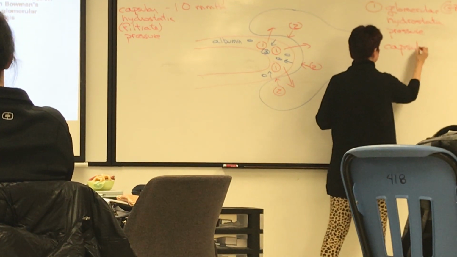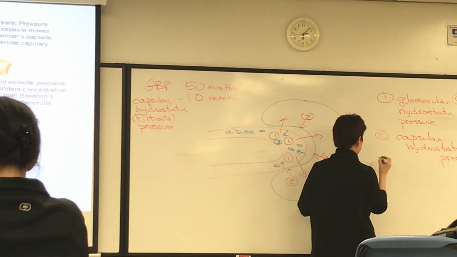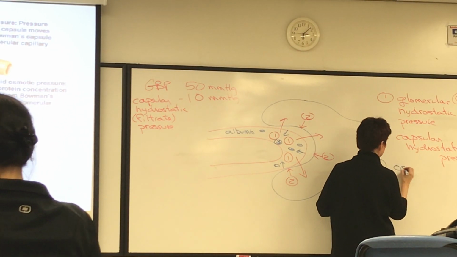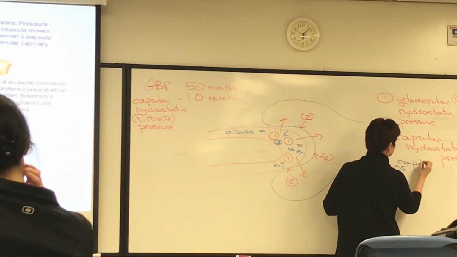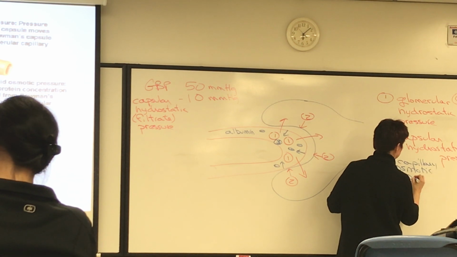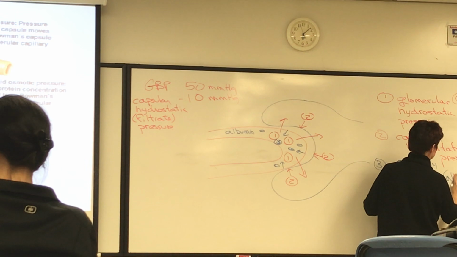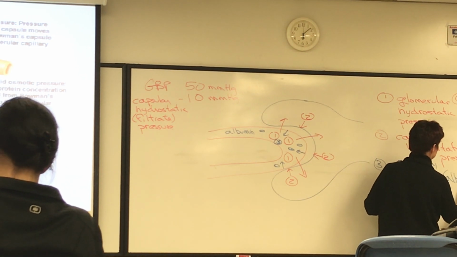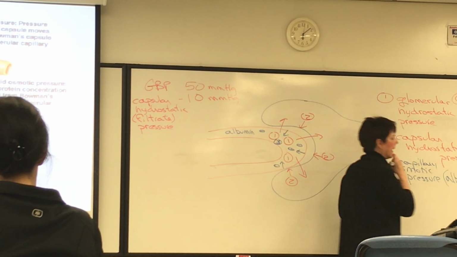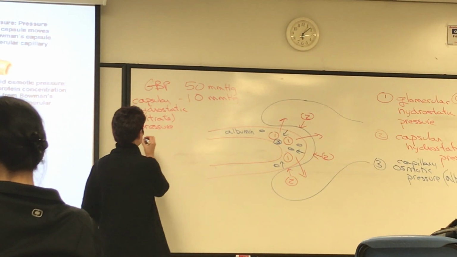So 2 is our capsular hydrostatic pressure. And 3 is our osmotic pressure due to albumin, capillary osmotic pressure. Okay? So that's typically minus 30.